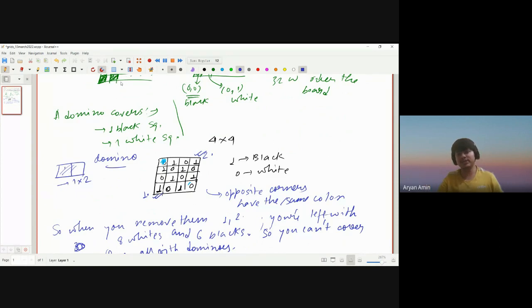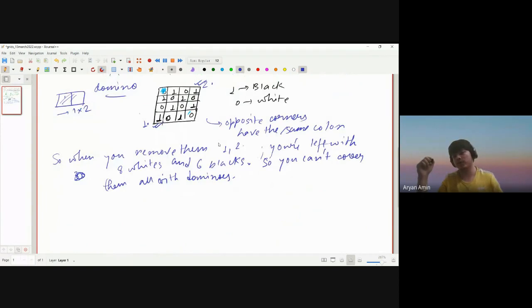Whenever we have an 8x8 chessboard, the opposite ends have the same color. So when you take them out, you are left with 32 whites and 30 blacks, or vice versa. Obviously you cannot cover that with dominoes, because a domino always covers one black and one white. Okay, any questions regarding this?